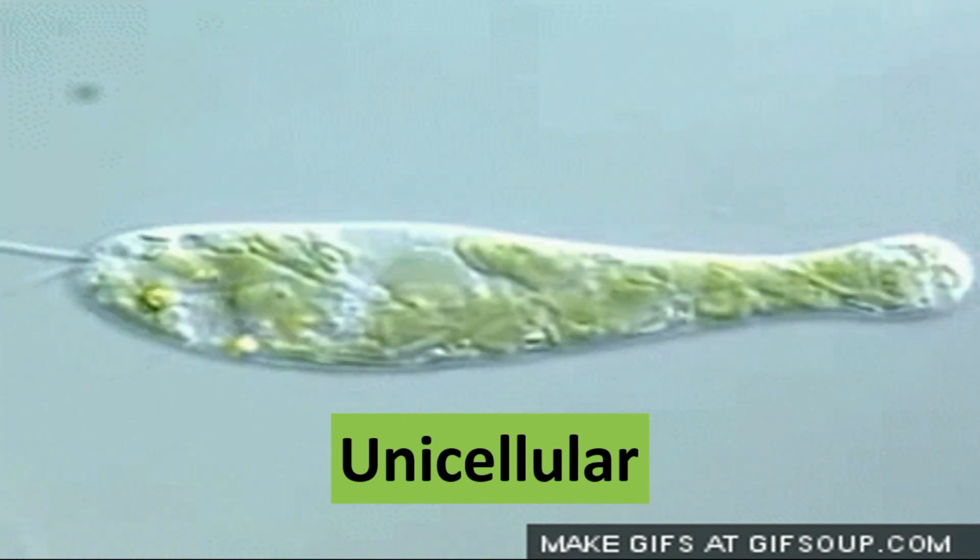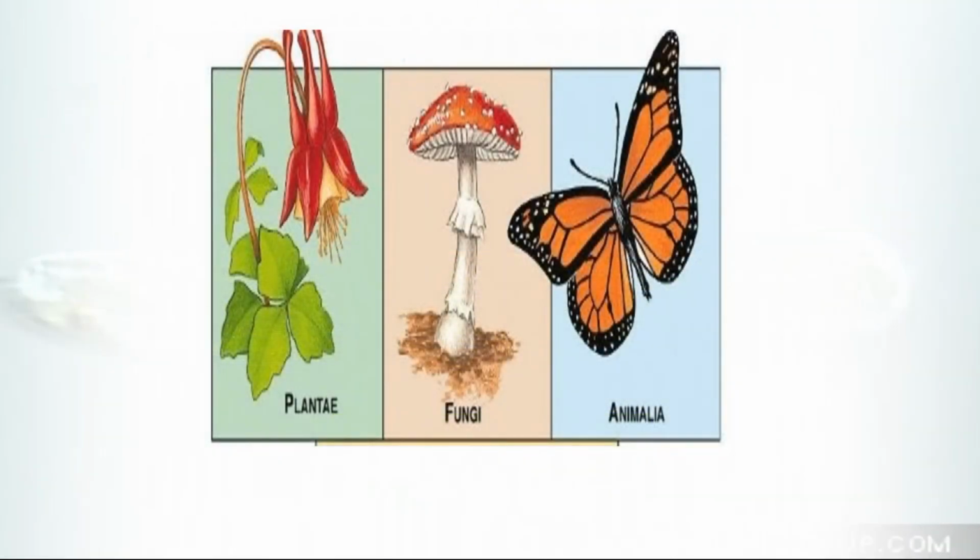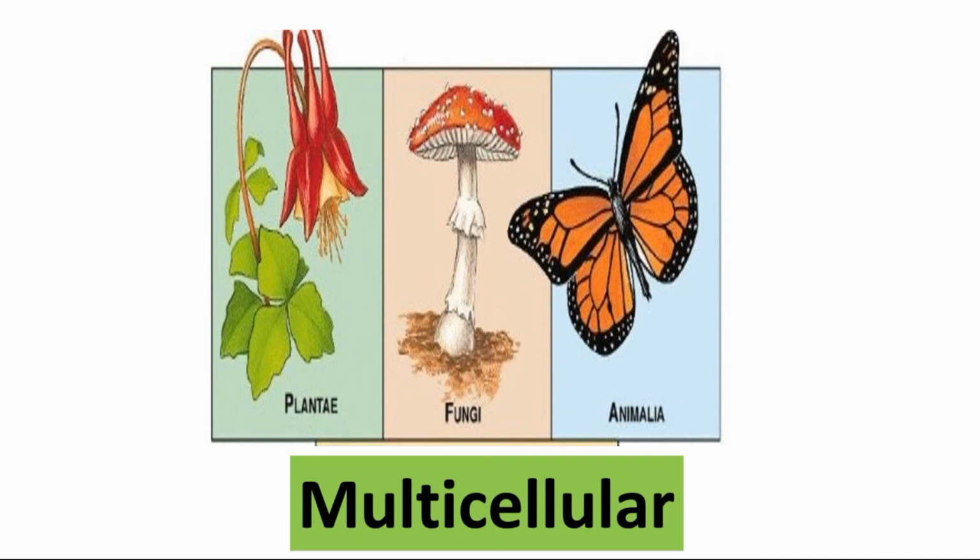Other larger organisms such as plants, animals and fungi are made up of thousands and millions and trillions of cells. These type of organisms are described as being multicellular, simply because they're made up of many cells, multi meaning many.